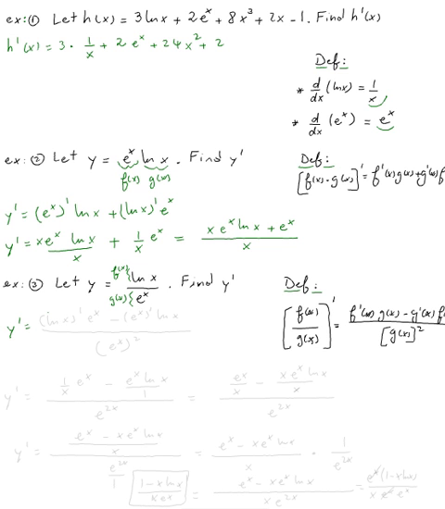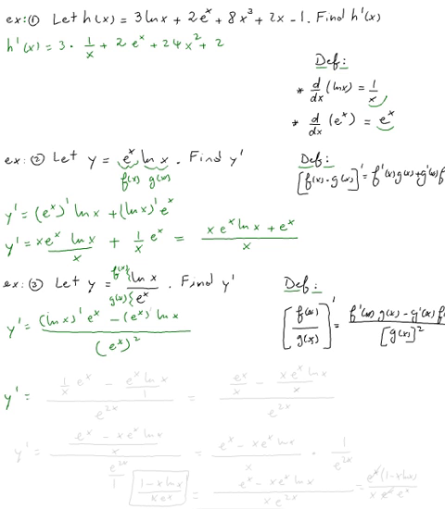So y prime will be equal to f prime of x, which is the derivative of ln x, times g of x, which is e to the x, minus g prime of x, which is the derivative of e to the x, times f of x, which is ln x, everything over g of x squared, which is e to the x squared.